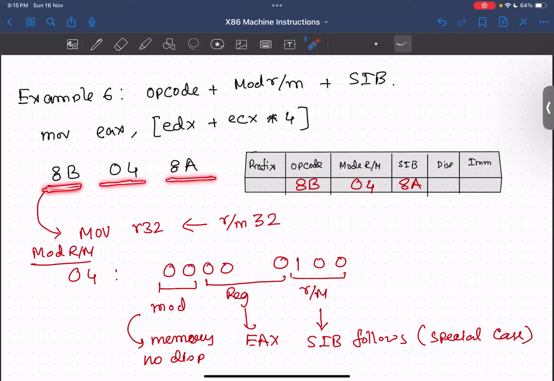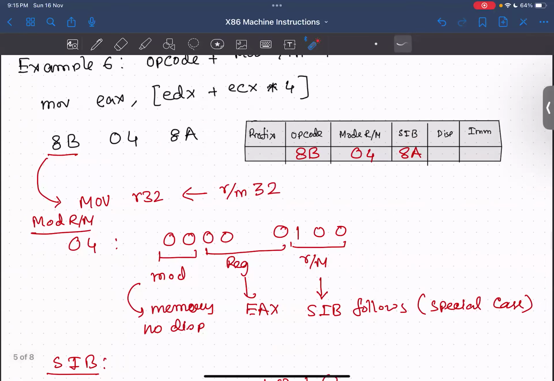So 8B is the opcode, 04 is our ModRM byte configuration, and 8A is the SIB. I'll mention how we know it's in the SIB or whether it should be in the displacement or immediate section. It is actually encoded in the ModRM. Okay, so from that we know that our destination is some kind of register and the source is some kind of R/M configuration.